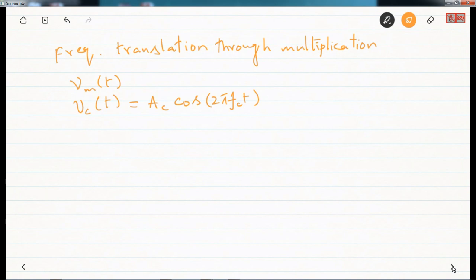Say we first considered Vm of t as a simple sinusoidal signal, cos 2 pi fm t, and then we saw that the spectrum gets shifted. Then we discussed m of t as a message signal of non-zero bandwidth.